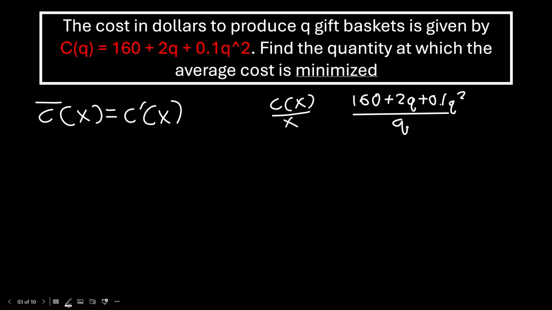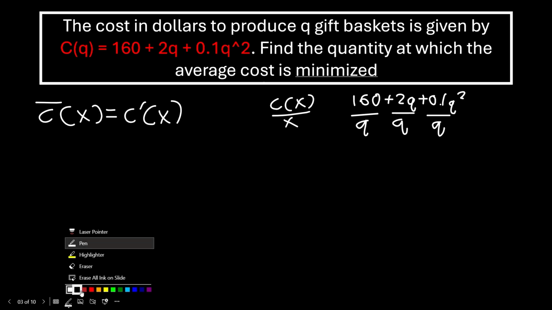Now, in order to better visualize this, what we could do is just rewrite this as 160 over Q plus 2Q over Q plus 0.1Q squared over Q. So now we can just cancel out, but well, the Q here stays the same.